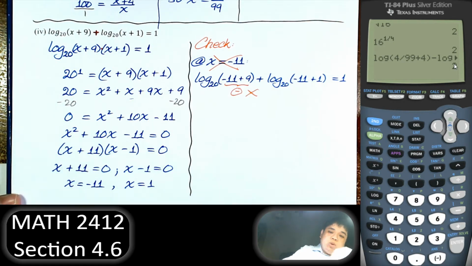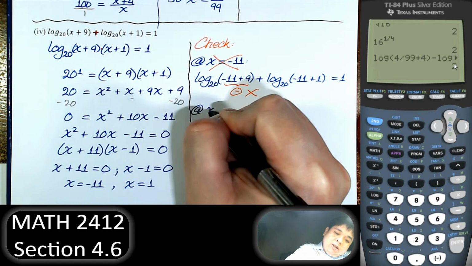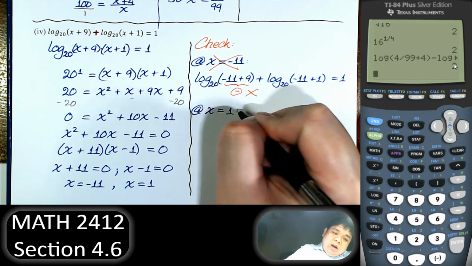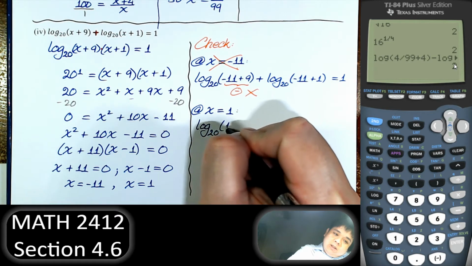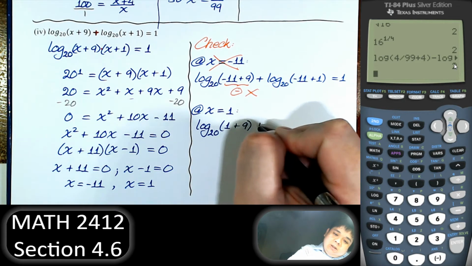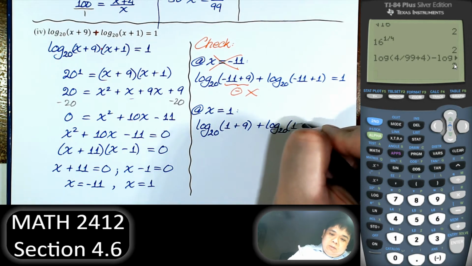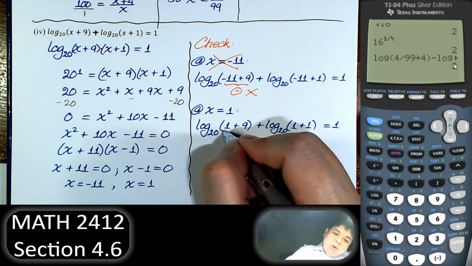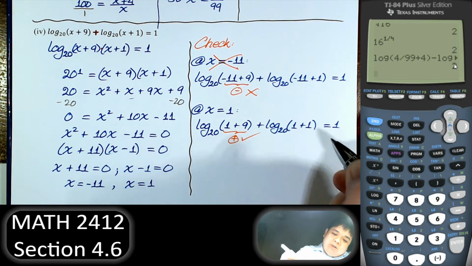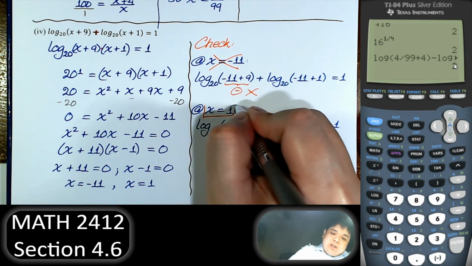This is not a solution. All the arguments must be positive, so that's not a solution. Now when x equal to 1, put 1 in for x. Now we check all the logs. This argument is positive, so that's good. That also positive, so that's good. So this is the solution.